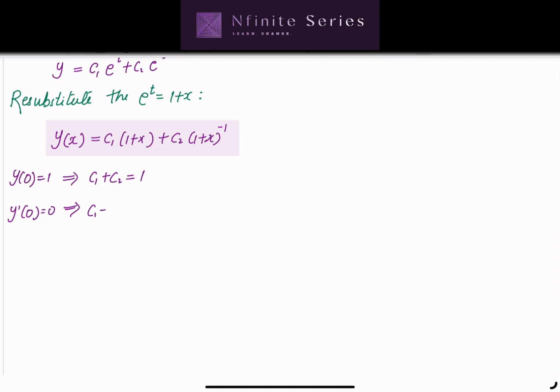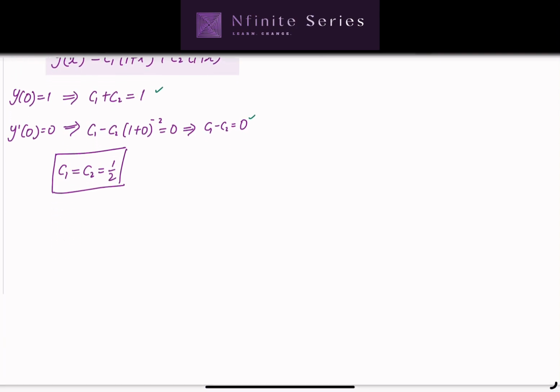So first term derivative is 1, and the second term, if you just differentiate and substitute value at 0, you get this. This is equal to 0. And so this implies that c1 minus c2 is equal to 0. Now solve these two linear equations by adding and subtracting, and what we get is c1 equals c2 equals half. So we get the following solution to the differential equation.